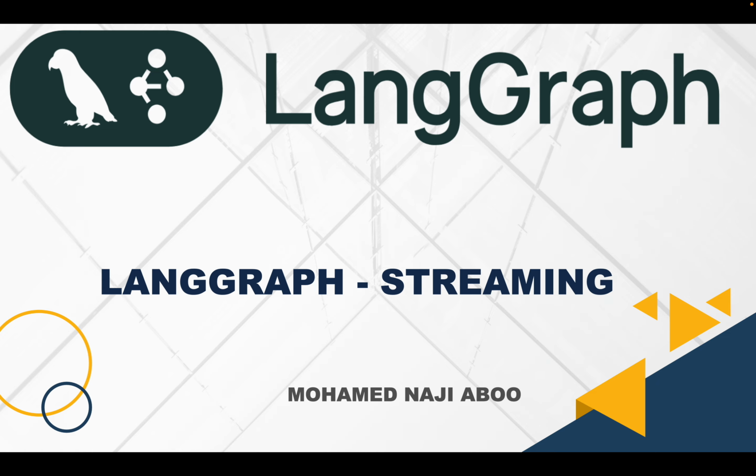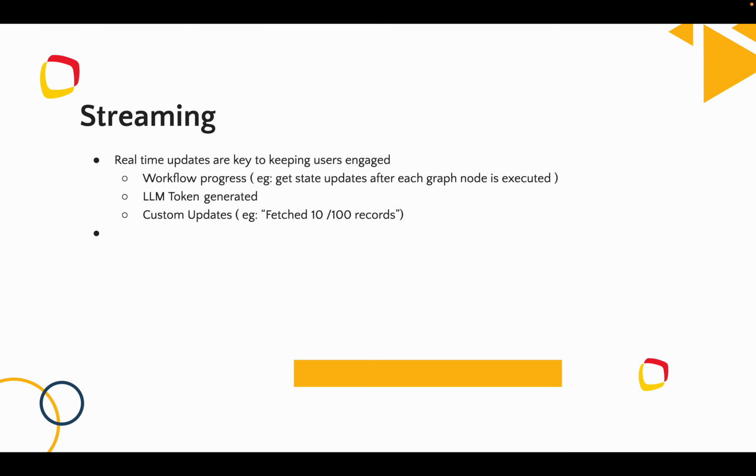We are continuing a discussion with LangGraph, and in this video we will be discussing streaming. Real-time updates are key to keeping users engaged. For example, we need to give feedback to the users, like workflow progress, which means that the state updates as each graph node is executed, and we need to pass that back to the users.